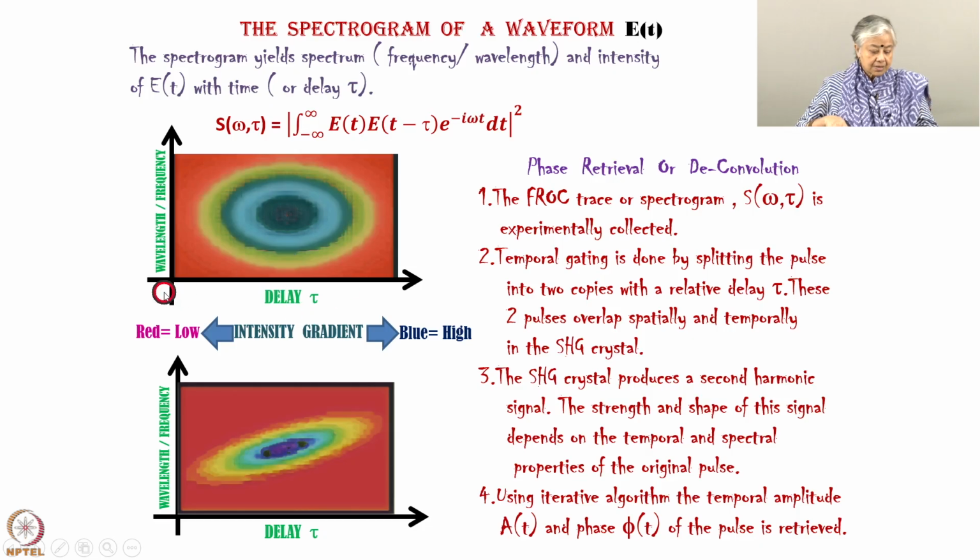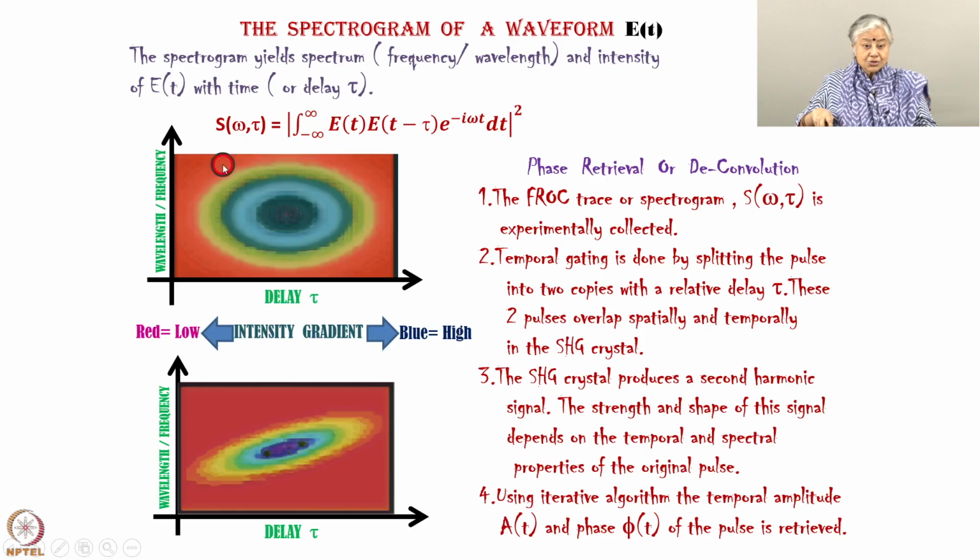This is the wavelength or frequency along this axis. I have not shown the third axis, but the third axis is actually the colors on this 2-dimensional map. This is the intensity gradient. Blue gives very high intensity and red gives low intensity.